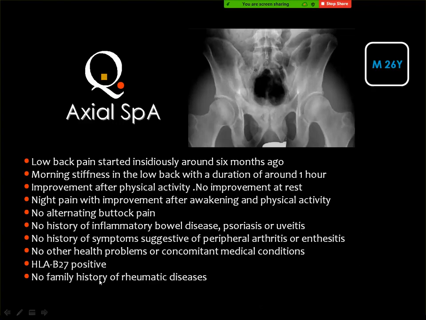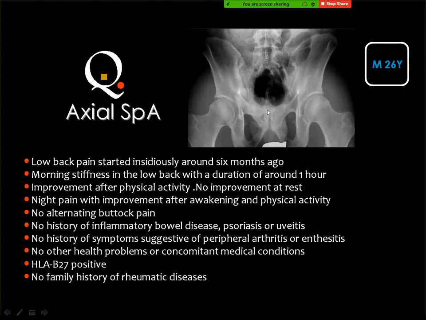Also the patient will have human leukocyte antigen B27 positive with no family history of rheumatic disease. If you can spot these criteria in a patient who is below the age of 45, then you may say that the patient has axial spondyloarthropathy.